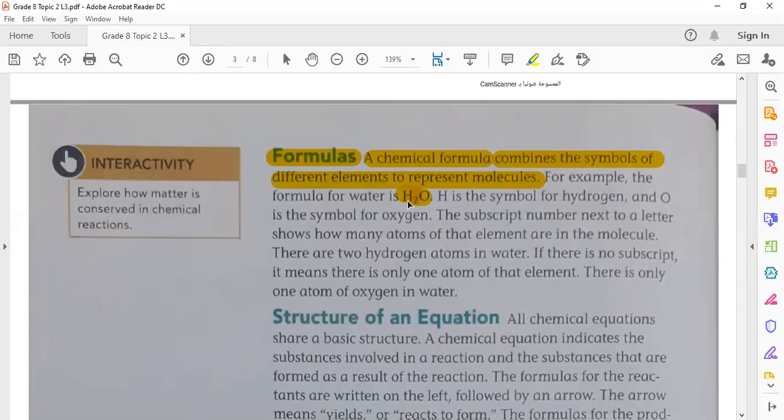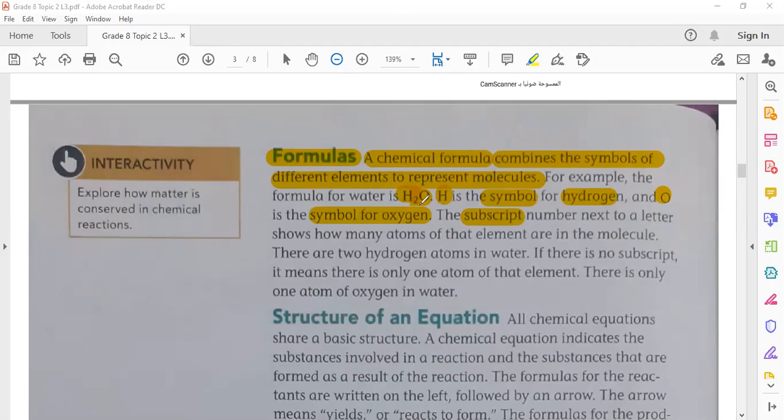The water molecule is made up of two hydrogen atoms and one oxygen atom. H is the symbol for hydrogen. O is the symbol for oxygen. This number is called a subscript.